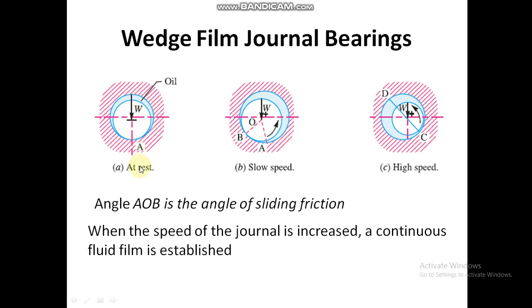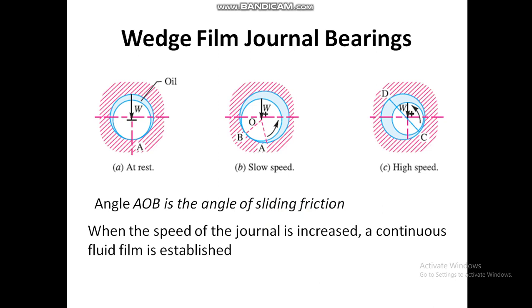When the journal is at rest, there is metal to metal contact between journal and bearing at point A. Now the journal starts rotating in anti-clockwise direction, and this contact point A shifts to contact point B. The angle between A and B, that is angle AOB, is called the angle of sliding friction.